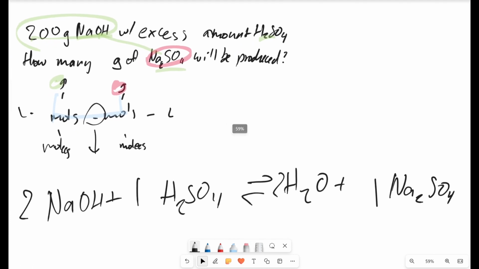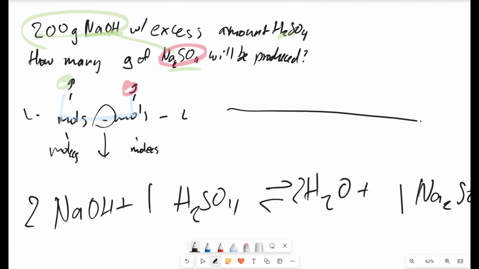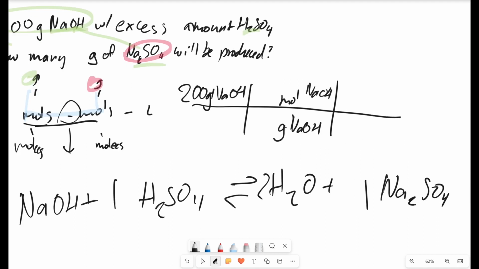I'm going to do a picket fence as usual because I really am trying to reach my American dream of knowing how to do basic math and spelling. We start with what we know, 200 grams of sodium hydroxide. We bring down that given unit. We're going to go to moles of that same chemical, and then jump the bridge.